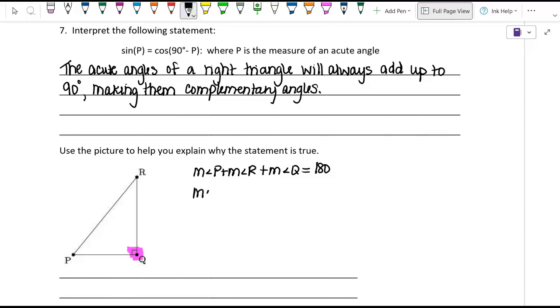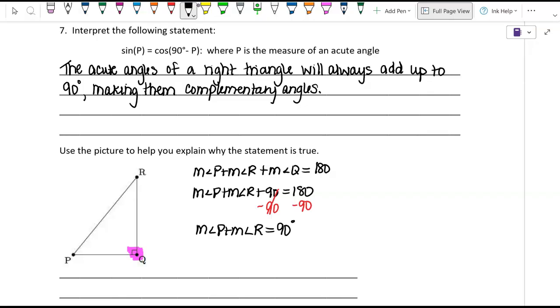So really the measure of angle P plus the measure of angle R plus 90 equals 180. And if I subtract out that 90 degrees, the measure of angle P plus the measure of angle R equals 90 degrees.